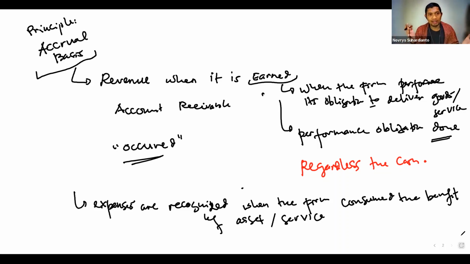So if the cash receipt or payment and the occurrence of revenue and expense are not on the same day, then there must be a mismatch.